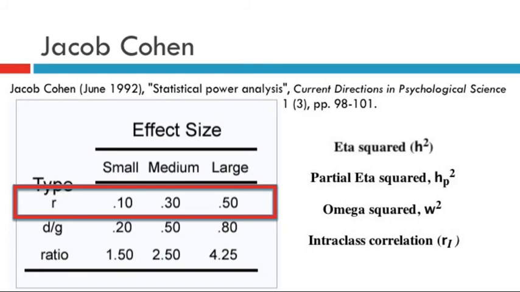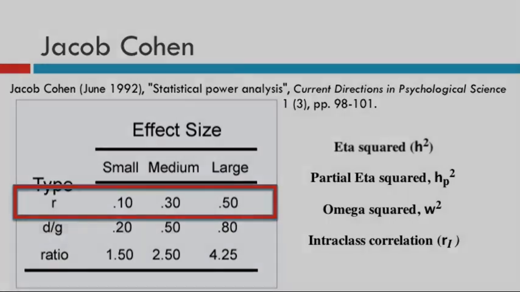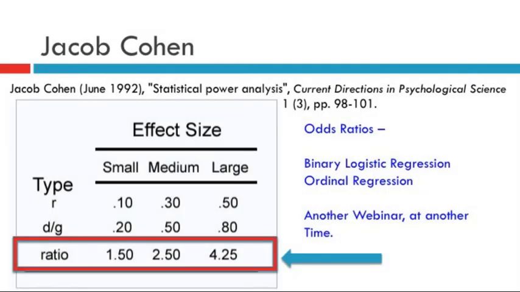So there are effect sizes associated with those that are slightly different than r squared, but they're ultimately interpreted the same. And of course we have another category of statistics, binary logistic regression, ordinal regression, and they produce effect sizes that are odds ratios. It's a heady topic. We can talk about that some other time.